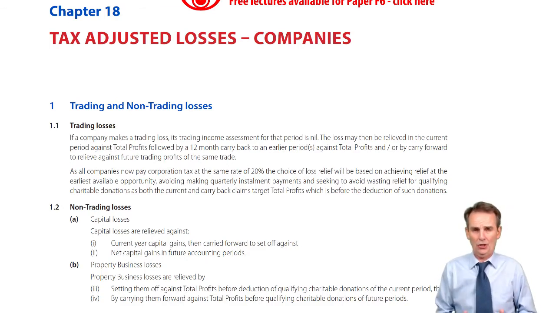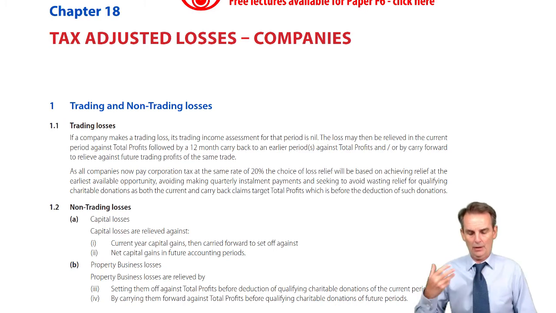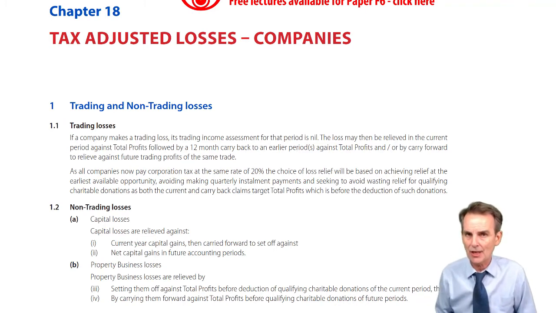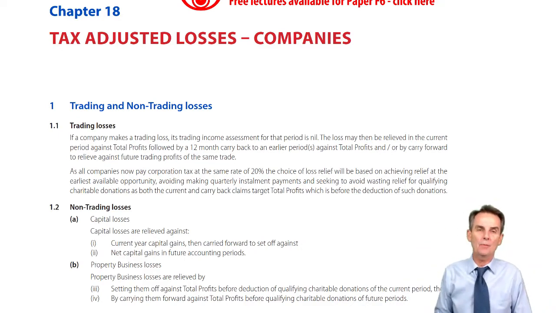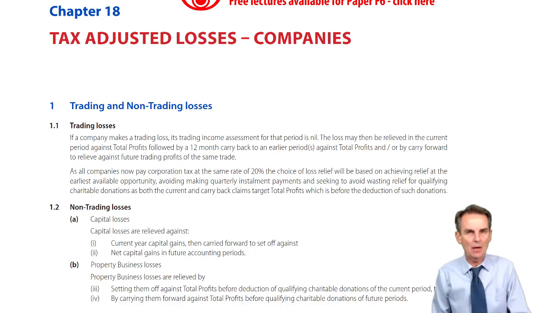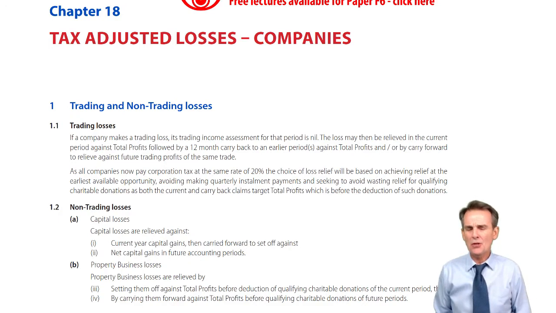The company's only just started. It's not like in income tax, where an individual could carry the loss that they've now sadly incurred in their new business, their new trade, back against income that existed prior to the commencement of the trade. It doesn't happen in companies. In corporate tax, the company only exists from the date that it started trading. So there's no specialist opening years relief.